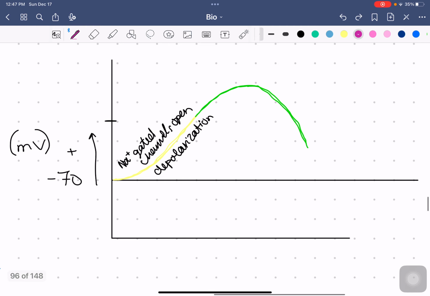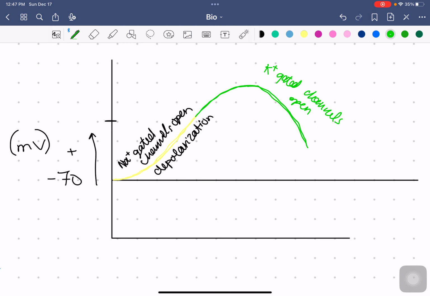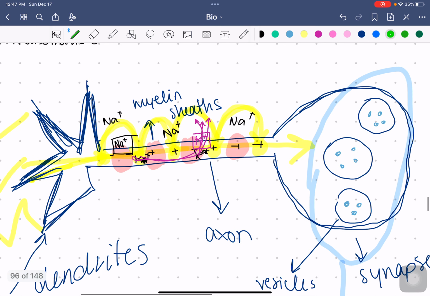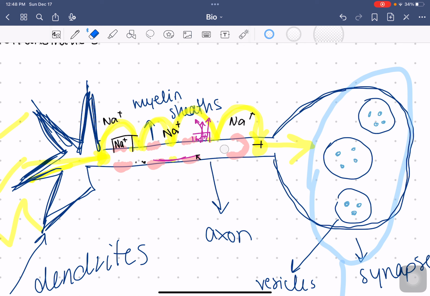So what's going on in this dip in the graph is we're going to have K plus gated channels open. Because we're losing positive ions, the inside of this neuron is going to become more negative and less positive.